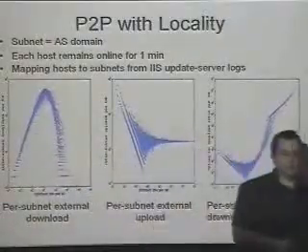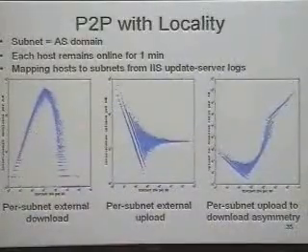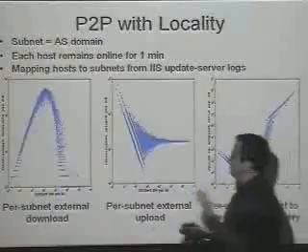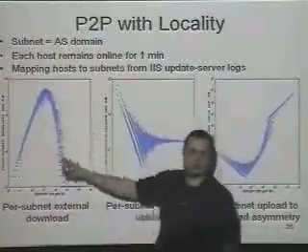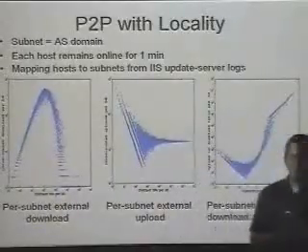This is peer-to-peer with locality, and each peer, once it pops up, downloads, and then remains in the system for a one minute time interval. Once the one minute interval expires, the user becomes offline. So this is the rule. Do you have any feeling why you would observe such a shape? Any intuition for that?